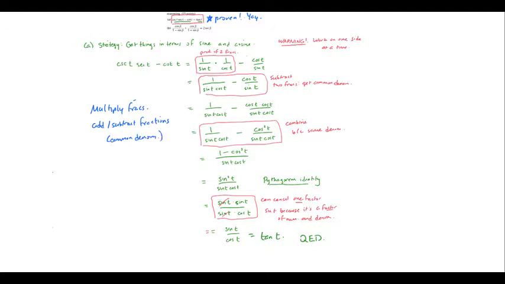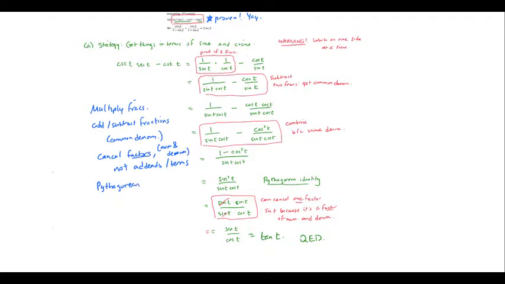We had to think about when we're allowed to cancel things. So we cancel factors, not add-ins, not differences, not terms. Okay, factors meaning things that are multiplied in the numerator and denominator. And we had to know our Pythagorean identities pretty well.